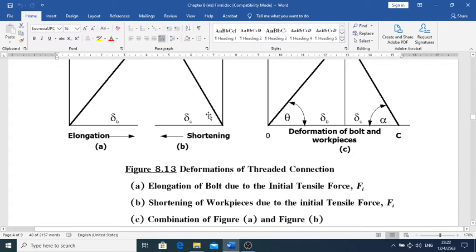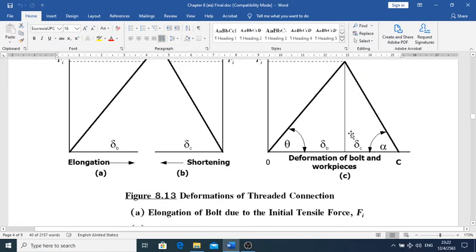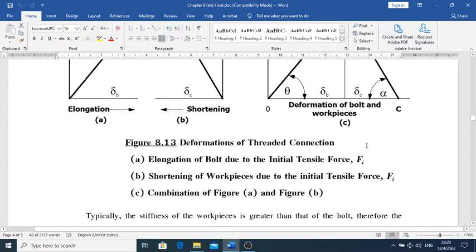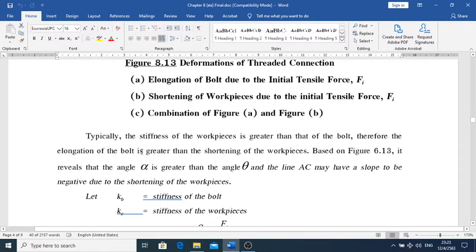Looking like that, when we put these two figures, A and B, together, we get figure C, with the inclinations or slopes of theta and alpha respectively. It says here that typically the stiffness of the workpiece is greater than that of the bolt.